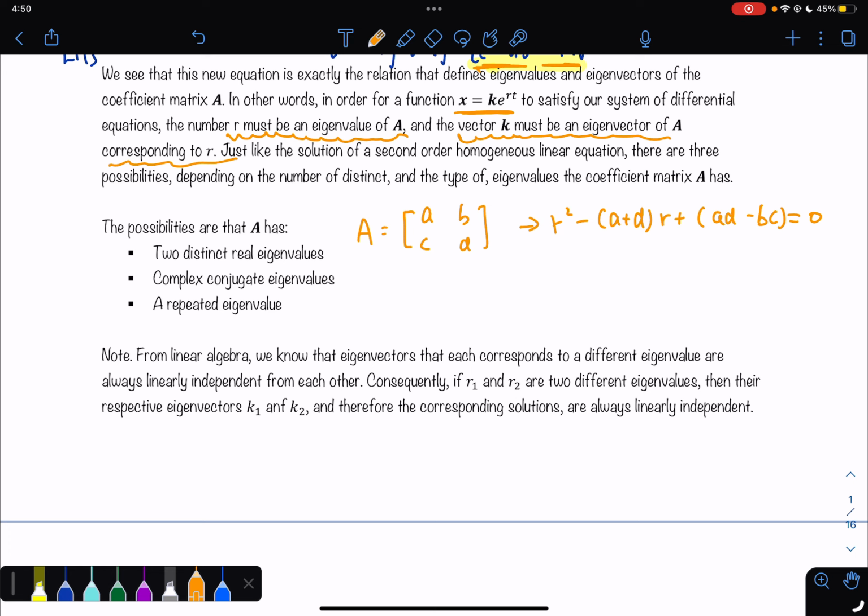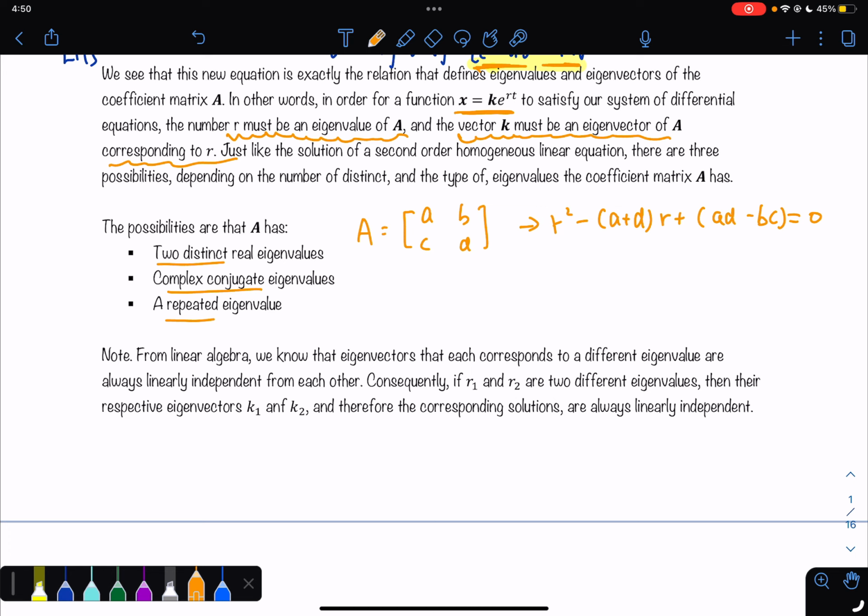Therefore, I'm expecting three cases of the solution: two distinct real eigenvalues, a pair of complex conjugate eigenvalues, and a repeated eigenvalue. I'm going to start from the simplest case.